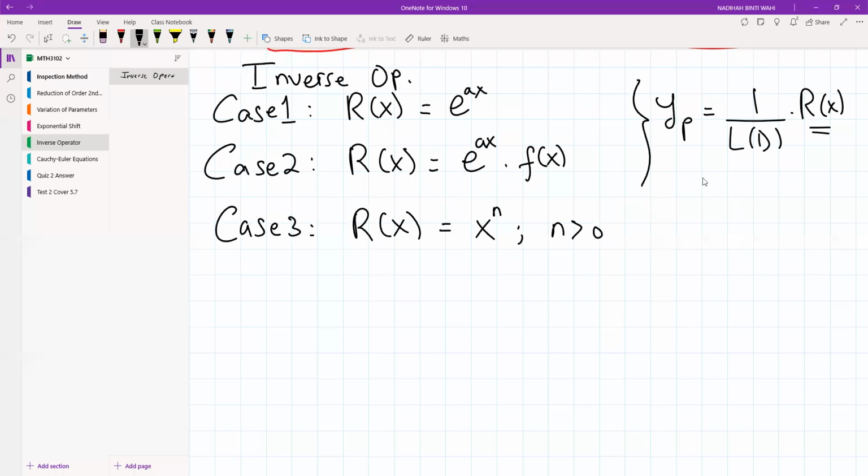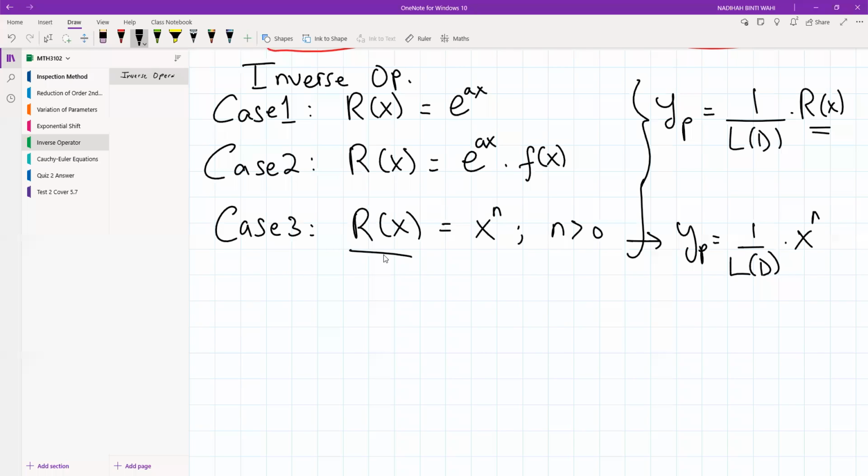Okay, so therefore kalau ikut kat sini, saya pun boleh buat benda yang sama. Saya boleh kata y particular sama dengan 1 over L of D darab dengan right hand side. Maksudnya untuk yang ni, y particular sama dengan 1 over linear operator darab dengan x of n. Okay, dia punya key dia, dia macam tedious sikit. Tedious tu dia macam remeh sikit lah.